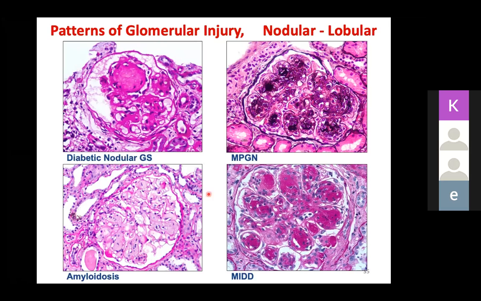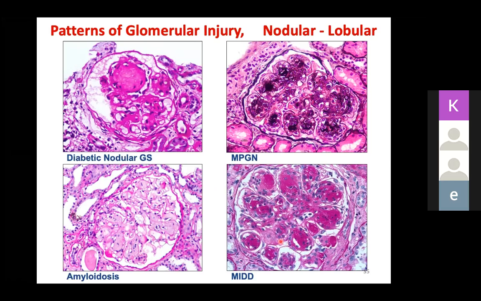Similarly, in the lower panel, it is again a nodular lesion, but here the thickness is pale. It's not magenta pink. So this is what amyloidosis would look like. Similarly, in monoclonal diseases, we tend to have nodules which are almost similar to your diabetic nodules. They also have diffuse basement membrane thickening.